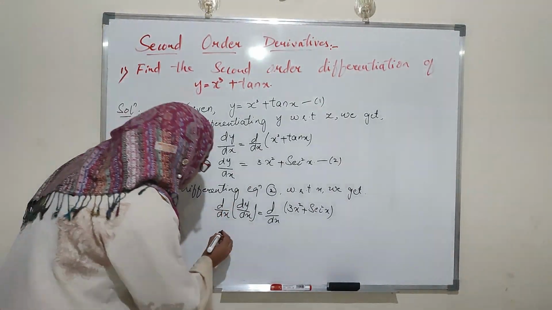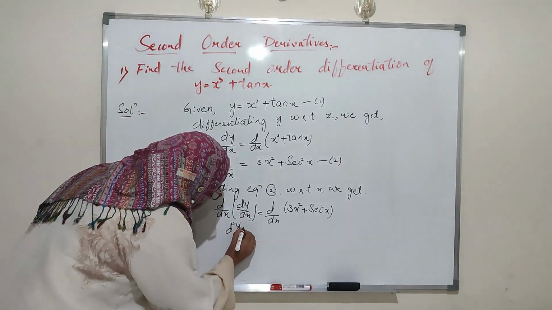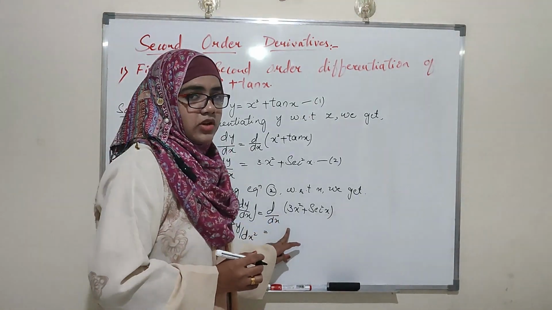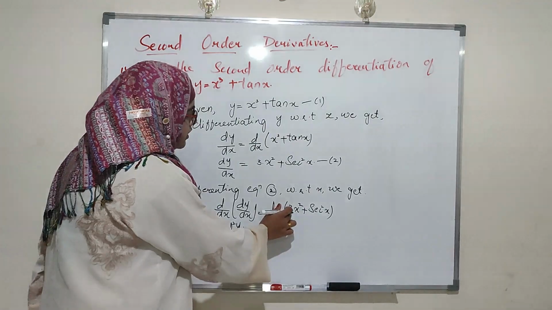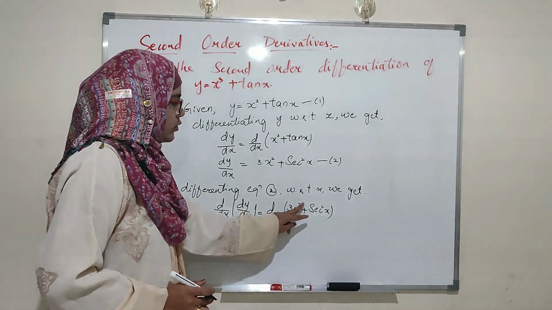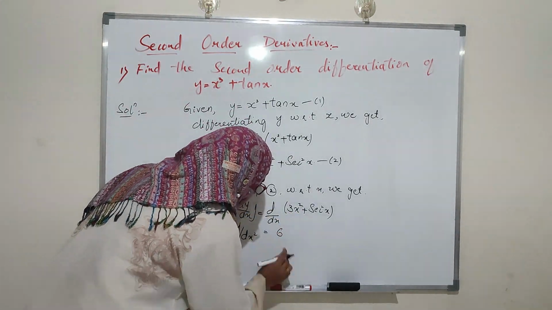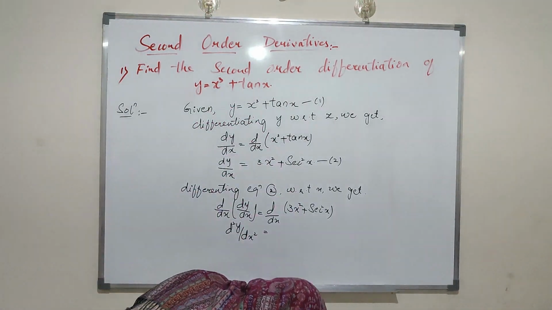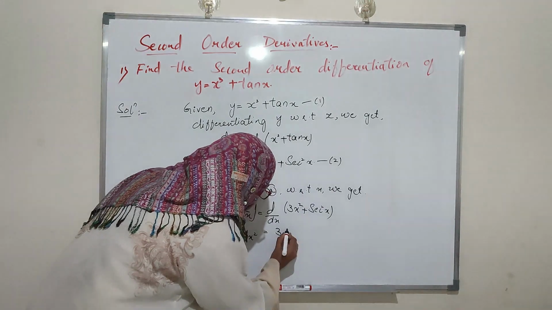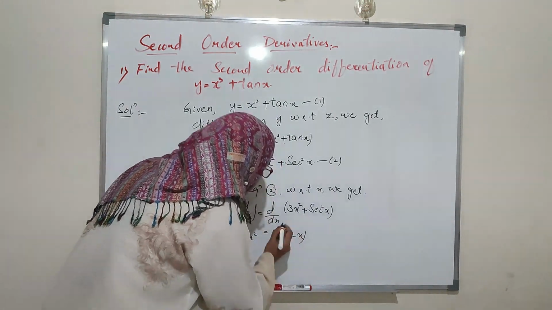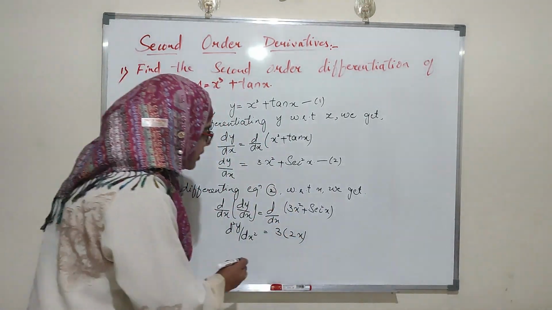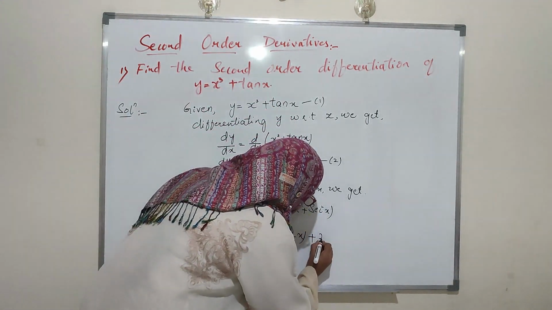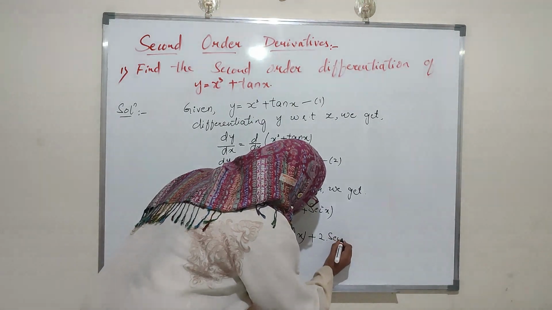So d2y by dx square is equal to differentiation of this term. 3x square differentiation is 3 into 2x, differentiation of x square is 2x, plus 2 into sec x.